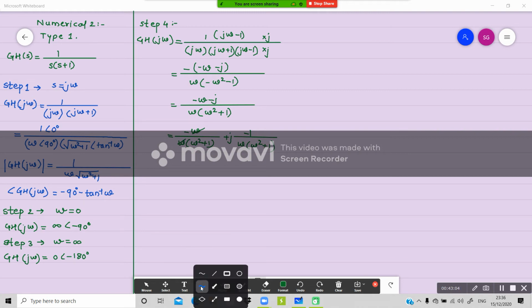Now we want to go for the intercepts. So I'm talking about first intercept, step number 5, that is real axis intercept.